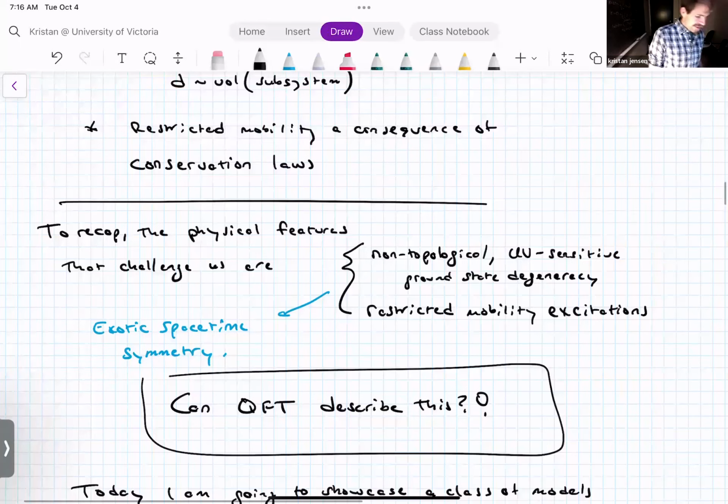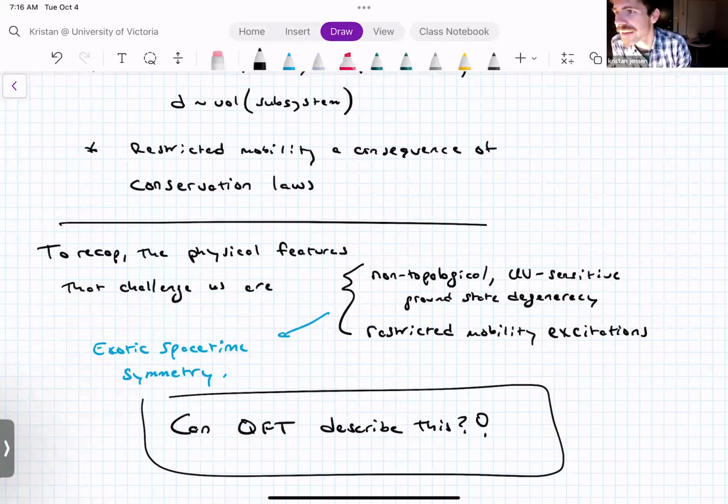And the question is, at some level, can quantum field theory, or some suitable enhancement thereof, something that's maybe a little bit different from the textbook procedure, describe systems like this? And again, to recap, the features that are really challenging that we have to be on the lookout for are this non-topological, lattice-sensitive spectrum of low energy states, this ground state degeneracy, and these restricted mobility excitations.